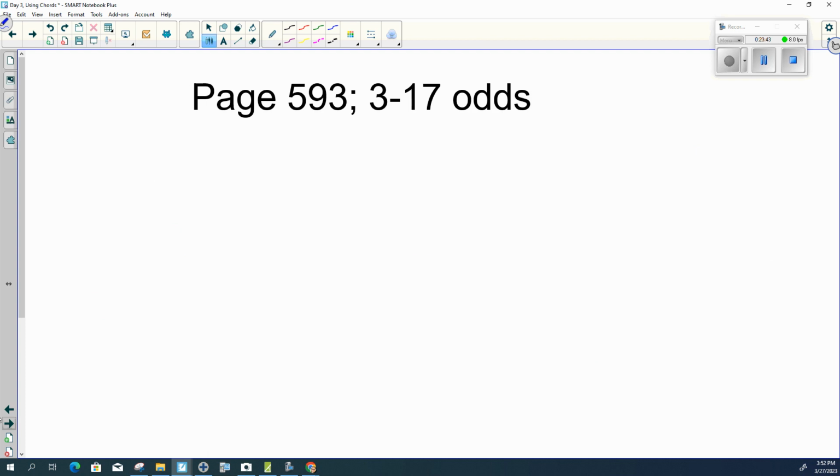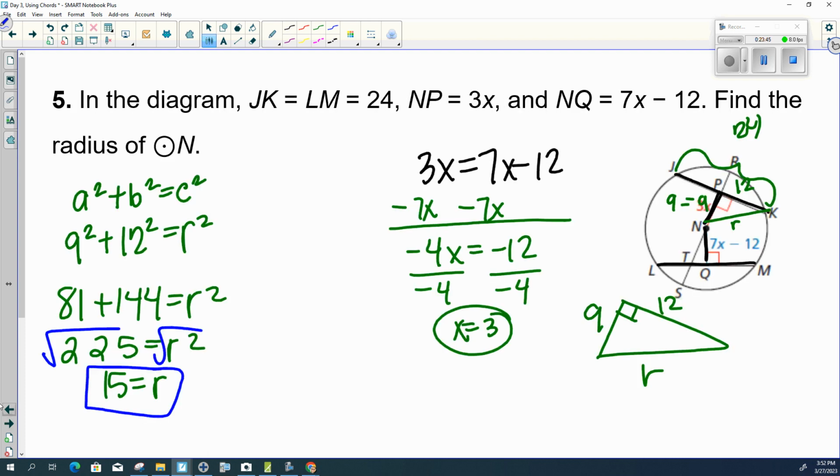Hopefully you're ready for those big ideas. I'm just going to leave this up on the board because if you get stuck, it's going to be on these radius ones where you have to draw it yourself and create a right triangle. If you're wondering why they are giving me the measure of the chord, what does that have to do with the radius? It's going to be part of your right triangle.